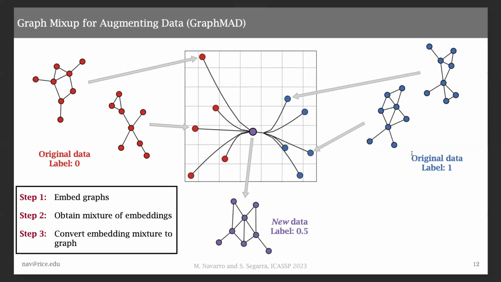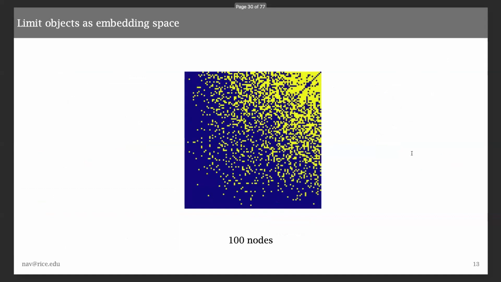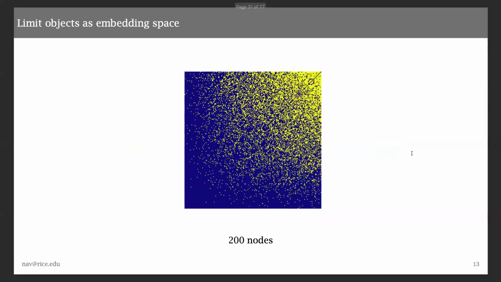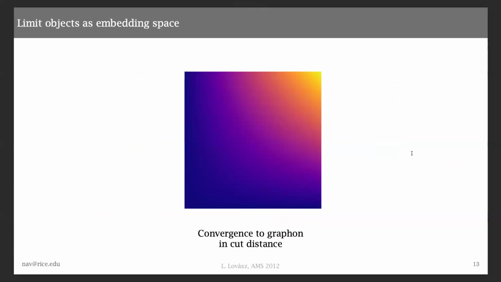For our latent space, we'll consider limit objects of graphs. Limits of discrete objects allow us to treat discrete objects like they're continuous. If we have a convergent sequence of graphs, then as the number of nodes grows to infinity, the sequence will converge to a graphon, which is a function on the unit square whose range you can think of as edge probabilities.